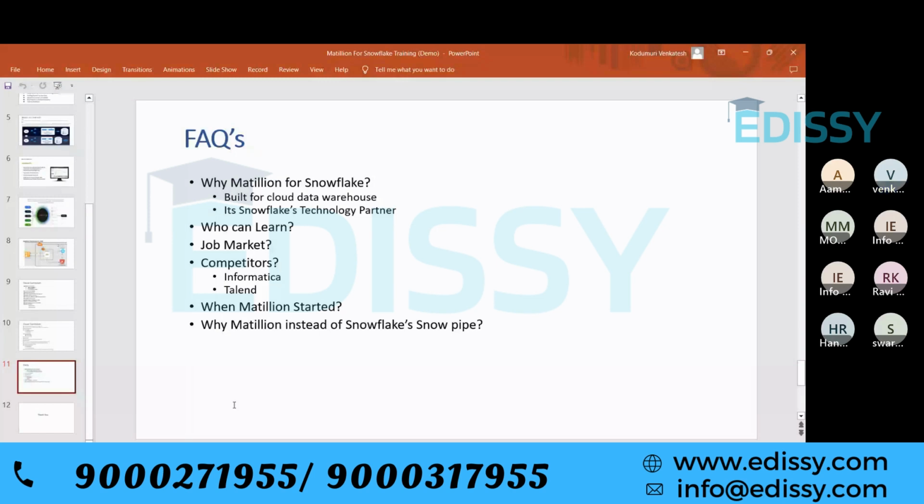And then you will be asking why Matillion instead of Snowflake's Snowpipe, right? Yes, if you know Snowflake you can use Snowpipe, but there are difficulties in Snowpipe as well, because it can hold up to 3 lakh files at a time. Also, you need to set up your SNS, and if something gets lost, you need to set up a dead letter queue in the AWS queue services.